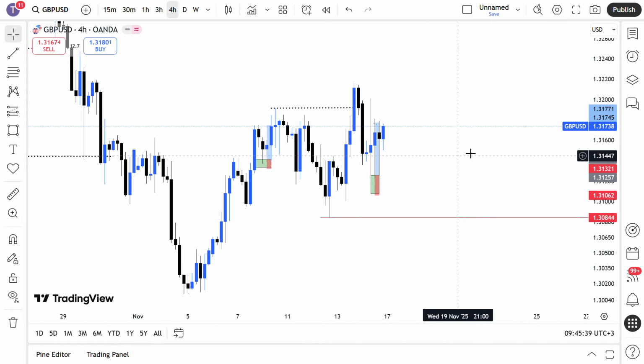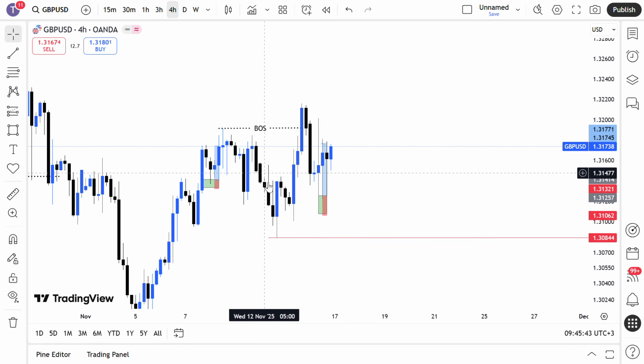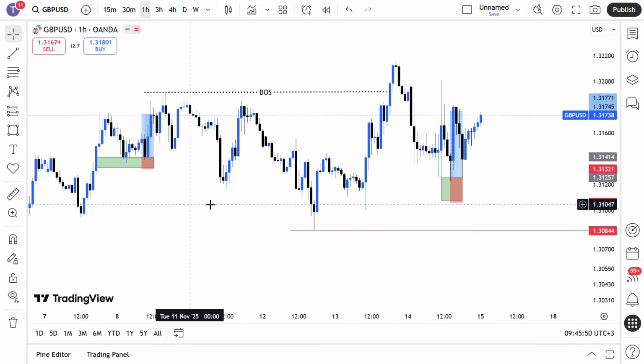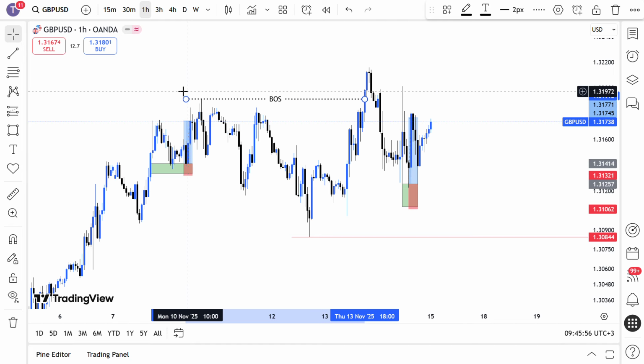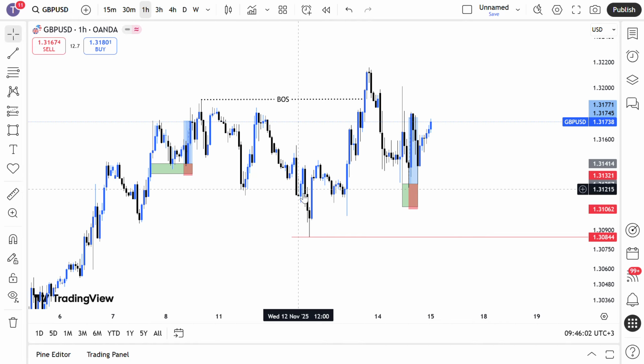So let me mark that. Currently, we have a very good pullback into this area. So let me drop down into the lower time frame. After this break of structure, we have a very good pullback. You can see what price came back down to do.